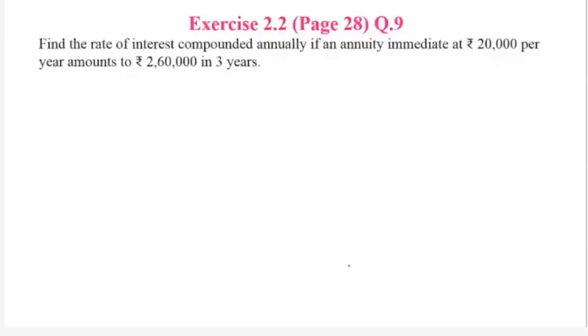Question number 9. Find rate of interest. What do we have to find this time? Find rate of interest compounded annually if annuity immediate at rupees 20,000 per year amounts to rupees 2,60,000 in 3 years.